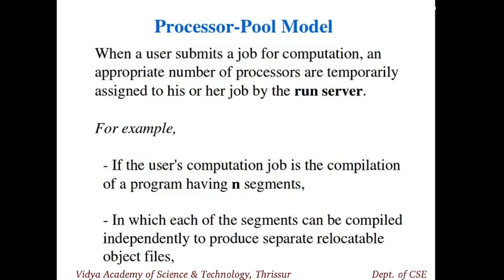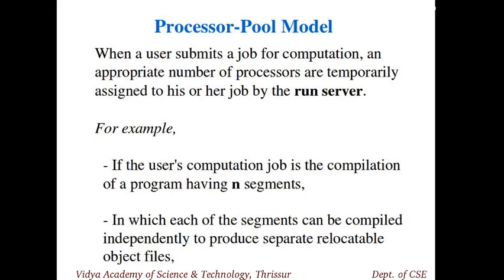When a user submits a job for a computation, an appropriate number of processors are temporarily assigned to his or her job by the run server according to the requirement. If the requirement is more, more processors will be temporarily allocated. If the requirement is less, fewer will be allocated.